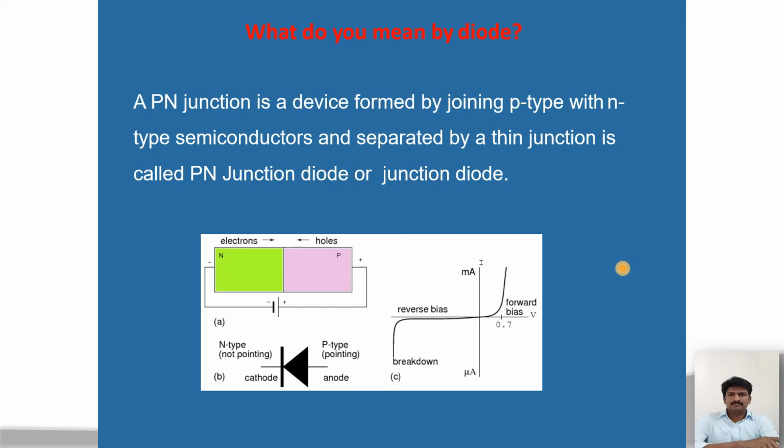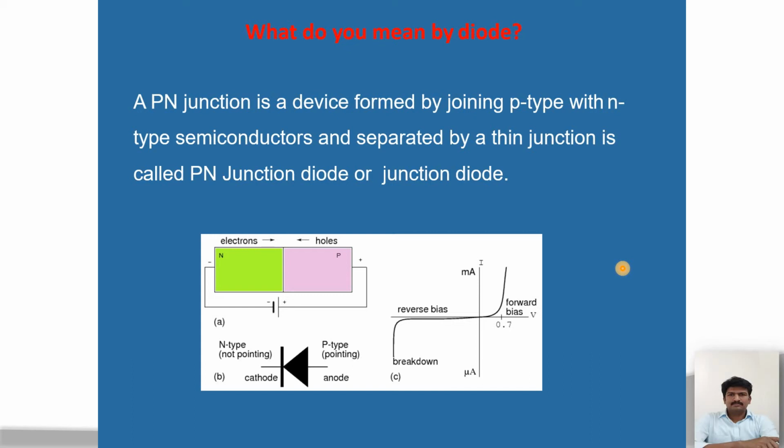You can convert this pure silicon material to P-type or N-type. By mixing the P-type material and N-type material, the junction that forms between them is called a PN junction.